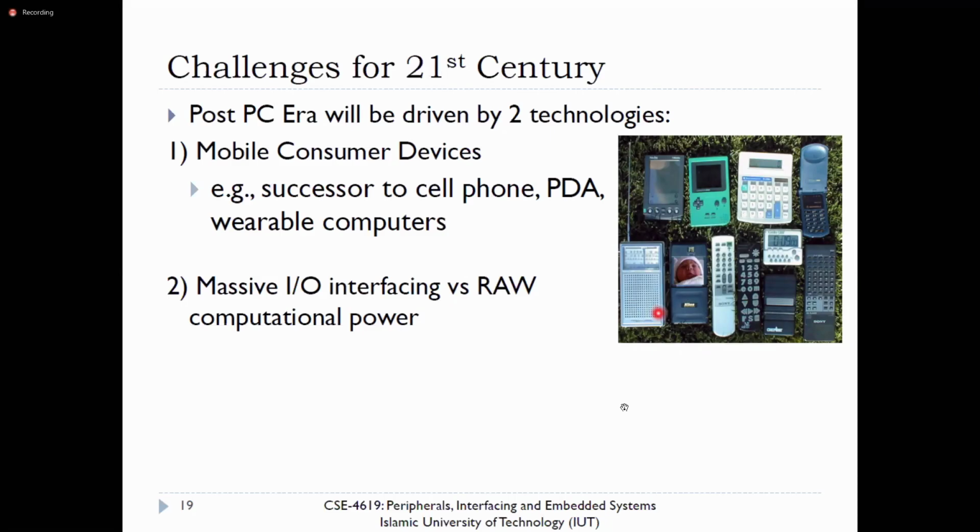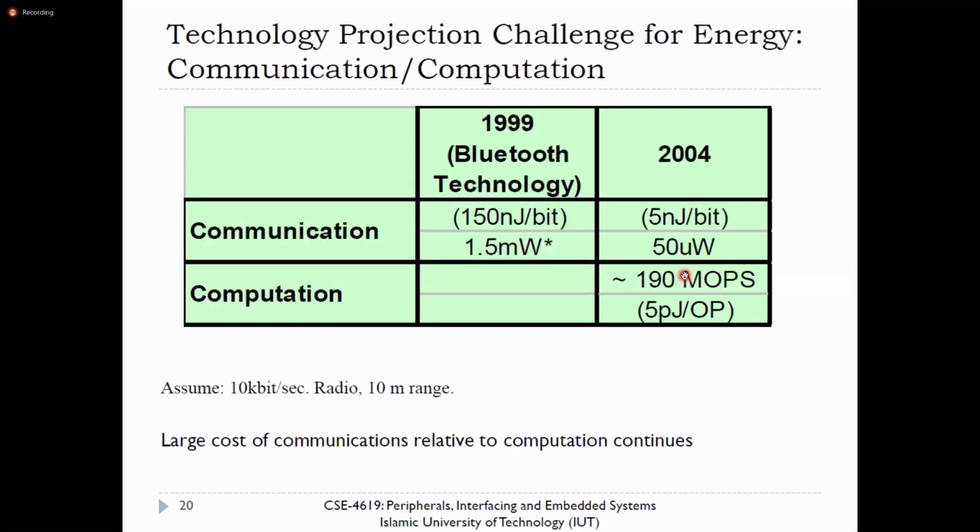So power consumption is typically the issue, and for that reason we mostly use batteries for these devices, and we have to prolong the battery lifetime. This is another challenge, and you can see which component takes more power compared to others.